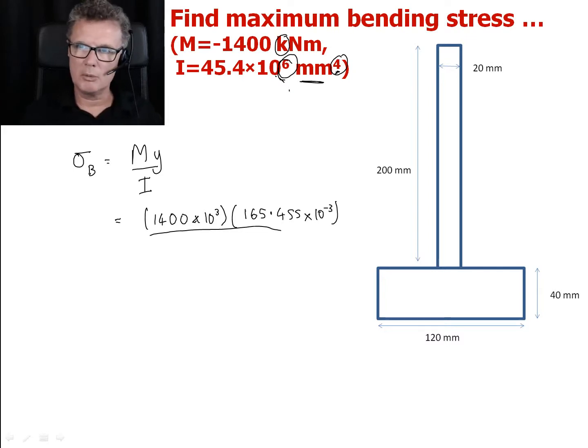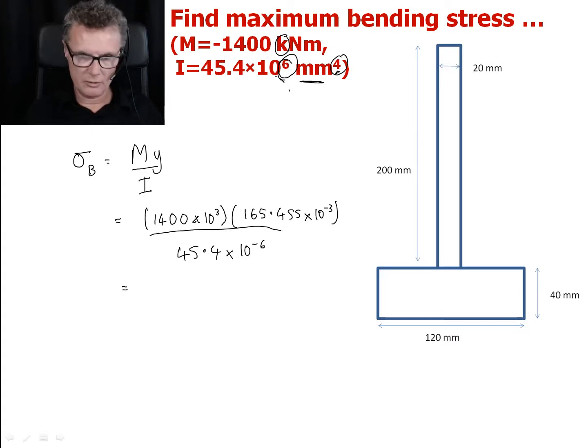So your 10 to the power 6, which is why it's nice always to work in 10 to the power 6s, becomes 10 to the power minus 6. We've knocked off 12 zeros there. So 45.4 times 10 to the power minus 6. That's the number that needs to go into my calculator.